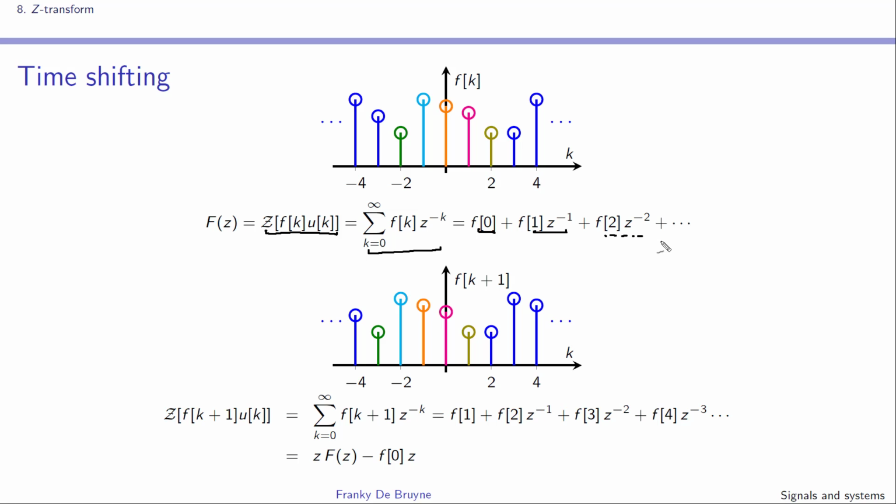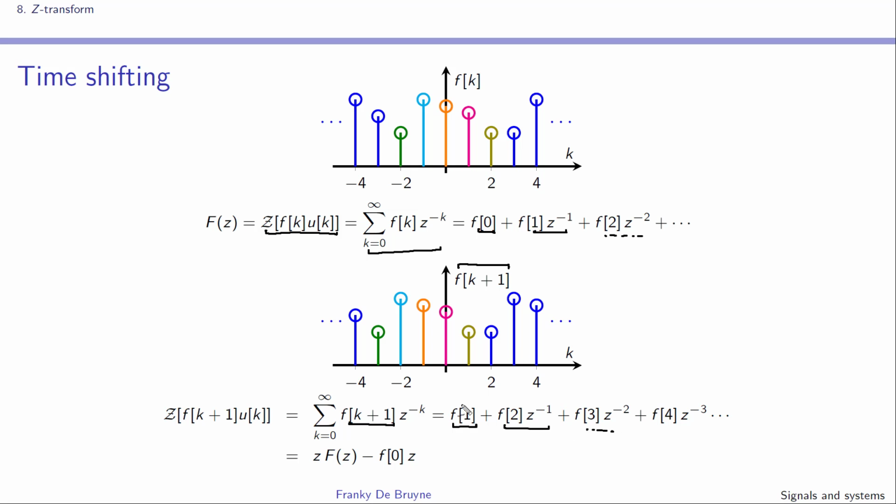What happens now if you shift your sequence by one element to the left? And this is this sequence over here, and you take the one-sided z transform. You have the same definition. Instead of using f of k, you're using f of k plus 1. Then if you take the definition and you look at the z transform, you can see that if you take k equal to 0, you'll have this term here, k equal to 1, this term, and so on, right?